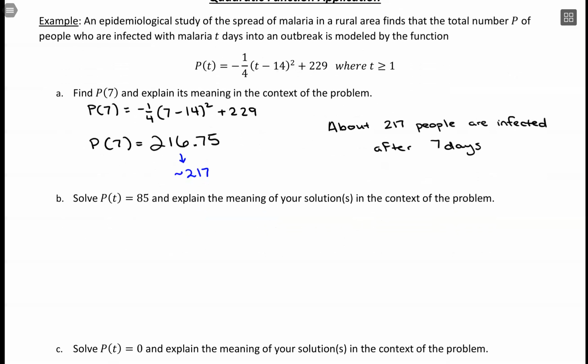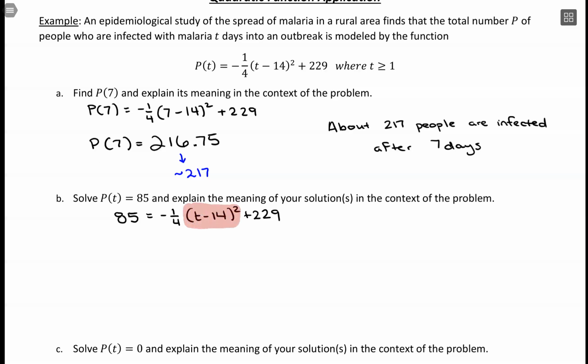Okay, solving P of T equals 85. So what we're going to do is plug in 85 for P of T and then solve for T. So with this, we're going to solve a quadratic. We're going to use that method that I showed with vertex form, where we're going to isolate this squared expression.